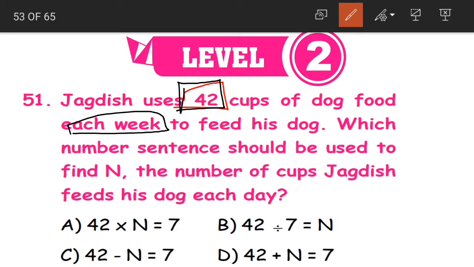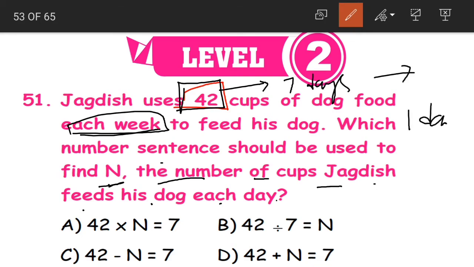He'll use 42 cups of dog food. Now what should we do? We should find n, that is the number of cups that Jagadish feeds his dog each day. Now this 42 is for 7 days. A week means what? A week has 7 days. What should we find out? We should find out for 1 day. Now what to do? Should we multiply? If you multiply 42 into 7, will we get the answer?